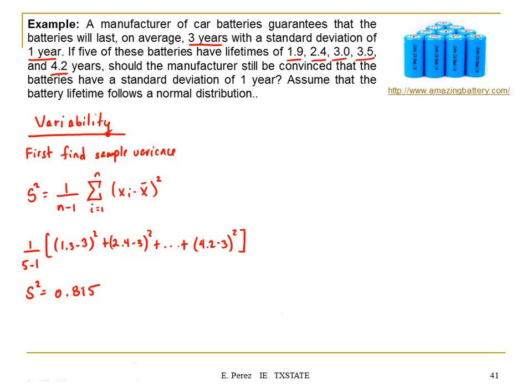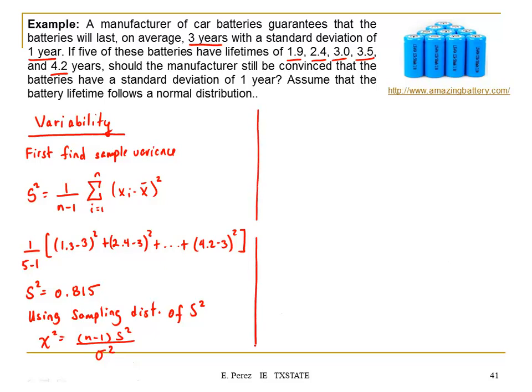So now we have the sample variance, and we know that we can use the statistic chi-square to find this probability. So using the sampling distribution of the sample variance, we know that the chi-square is going to be equal to n minus 1 times the sample variance divided by sigma squared.